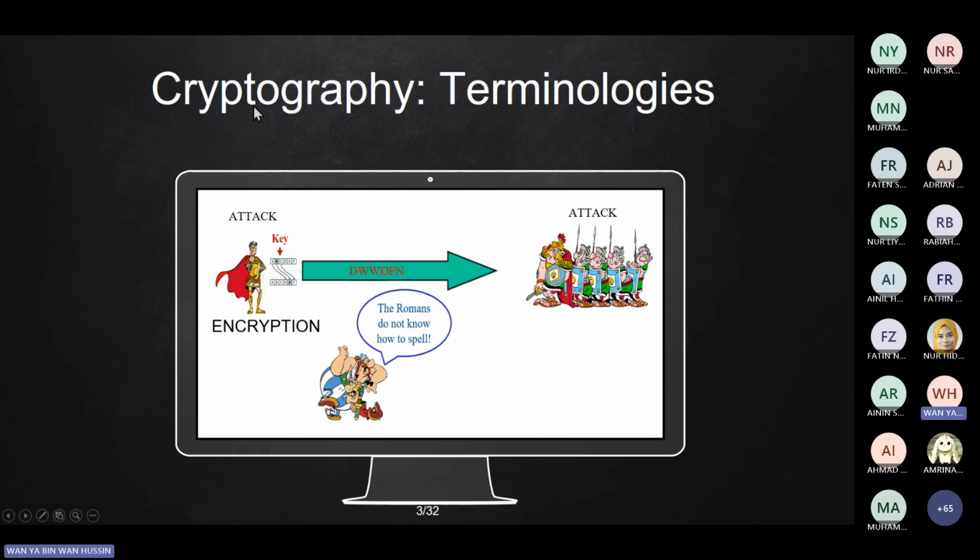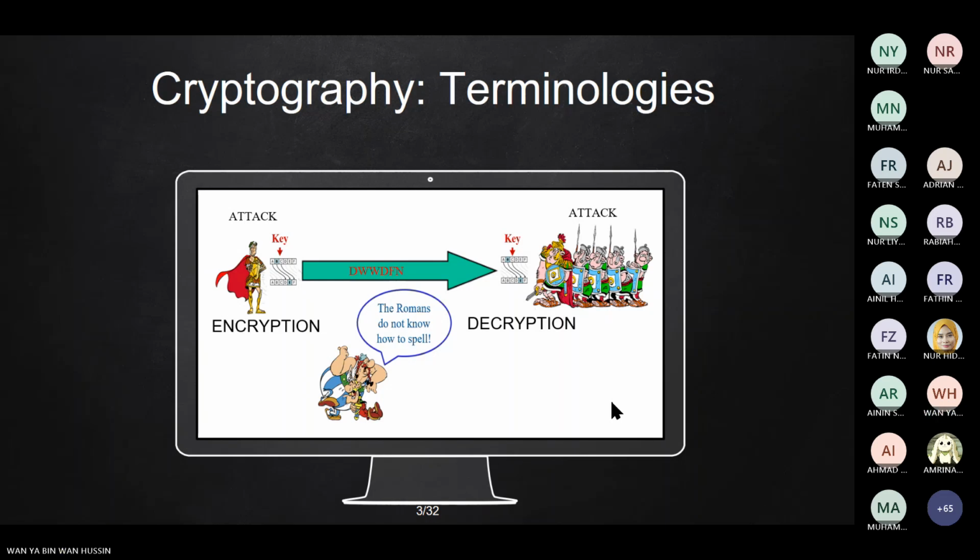Then when it is received by his soldiers, they will need to use the key to change back from new text to initial text, and this process we call decryption or decipher.